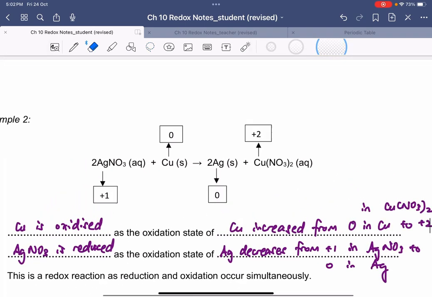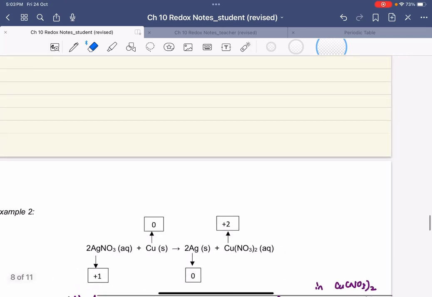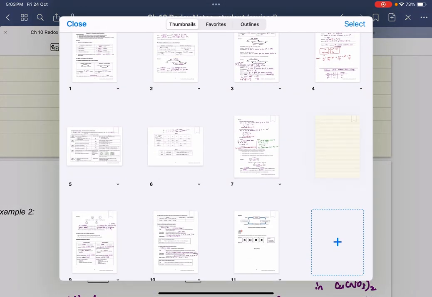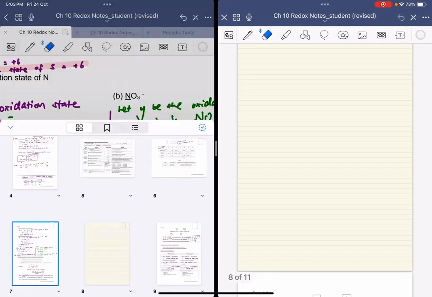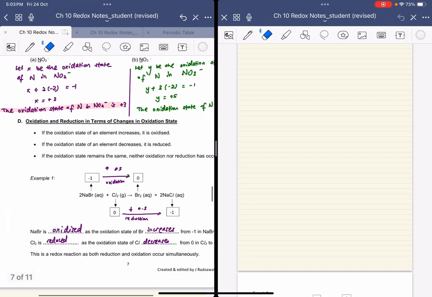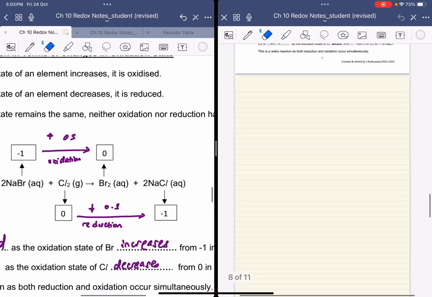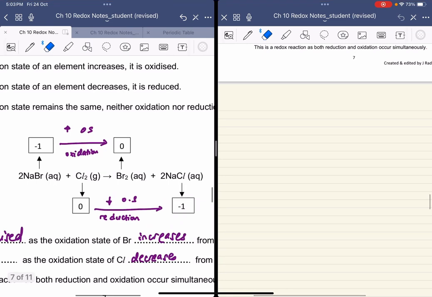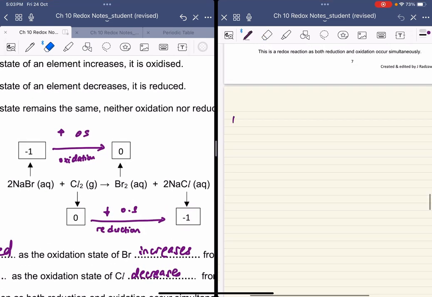It means that, for example, I am going to give you one example here to make it more clear for you. If I know that my sodium bromide and my chlorine gives bromine gas plus 2 sodium chloride, from here to here, this one is a bromide and this one is a bromine.